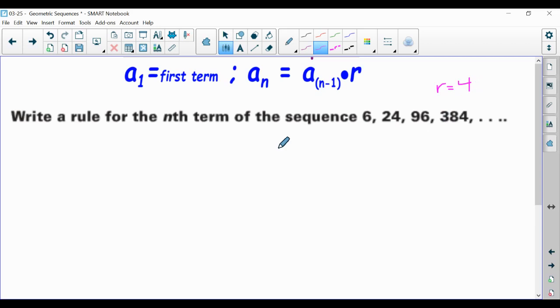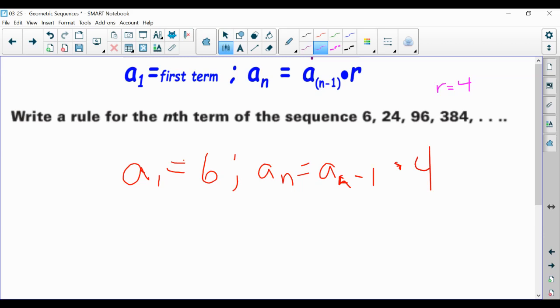I'm just going to write my two pieces of information because I already know what my first term is. So a sub 1 equals 6. I'm going to write a little semicolon to separate my second piece of information. a sub n equals a sub n minus 1. Remember, that doesn't change. It's just notation. We're not going to plug numbers in there. And then times 4.